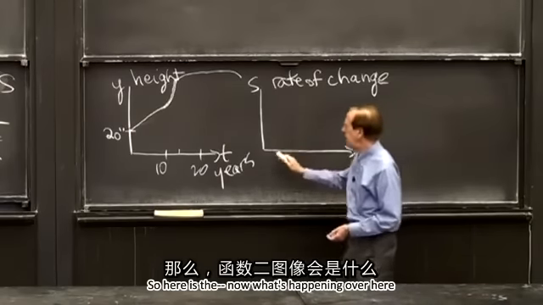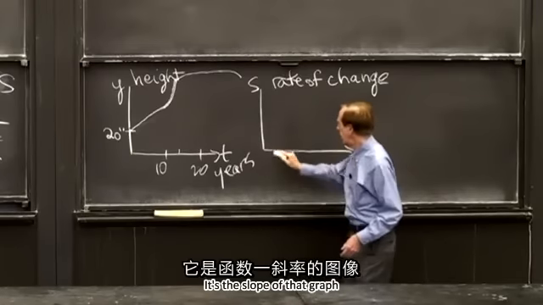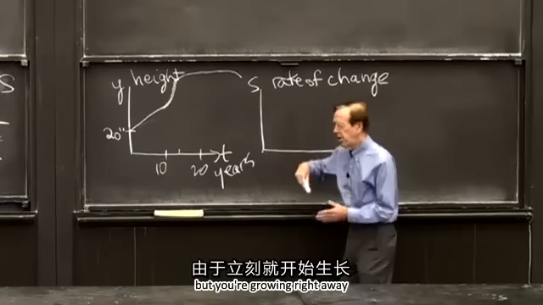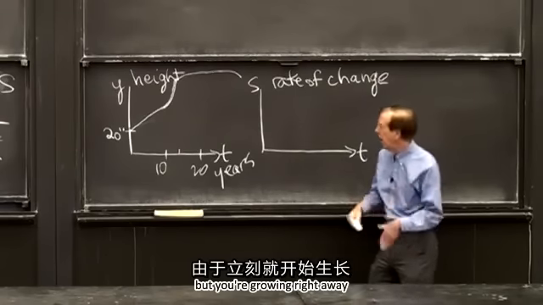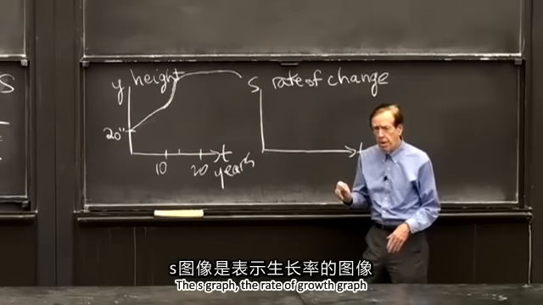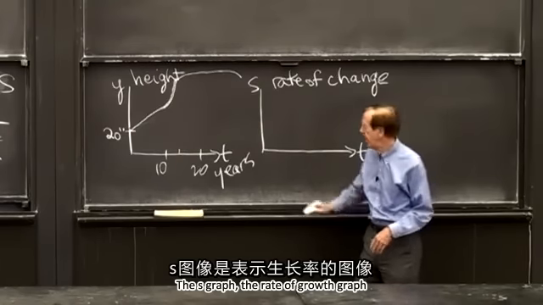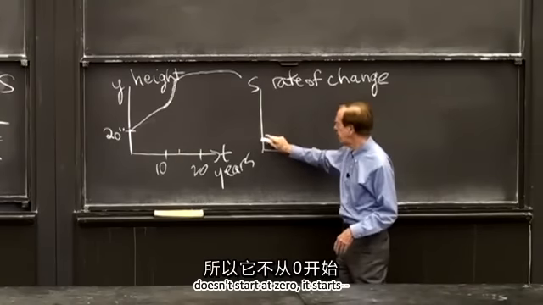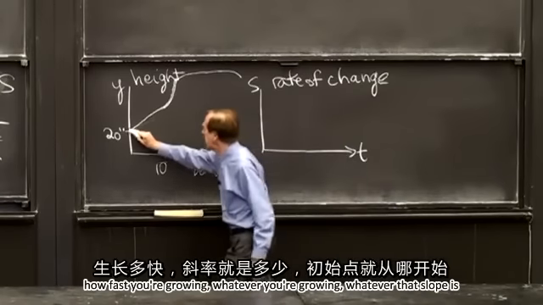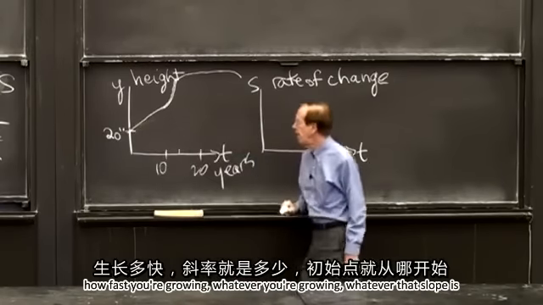Now what's happening over here? Well, it's the slope of that graph. This is time 0, but you're growing right away. The S graph, the rate of growth graph, doesn't start at 0. It starts at how fast you're growing, whatever that slope is.